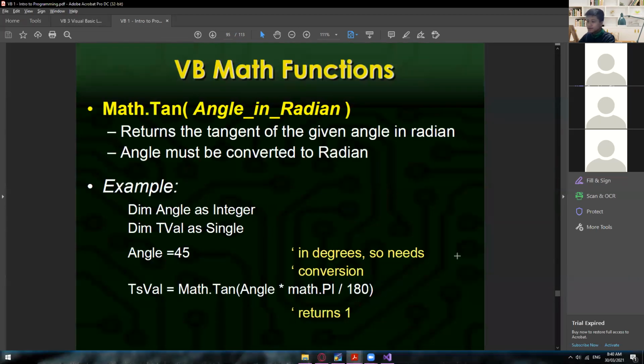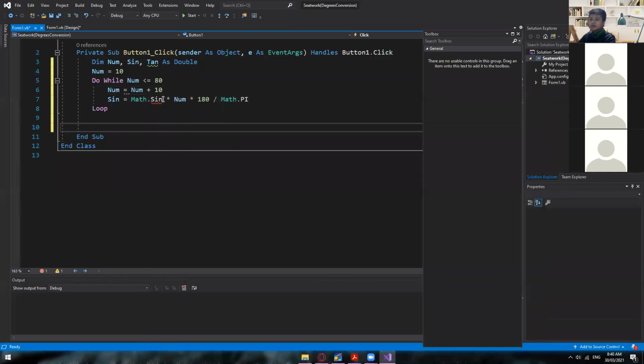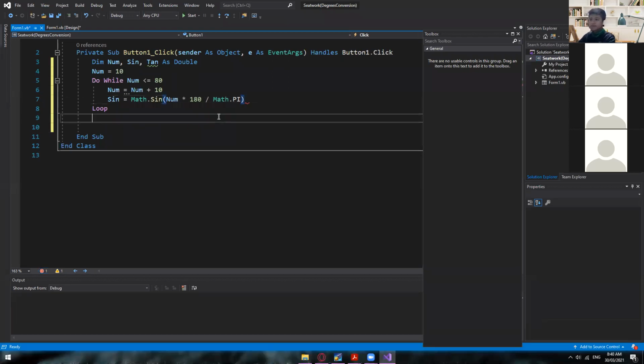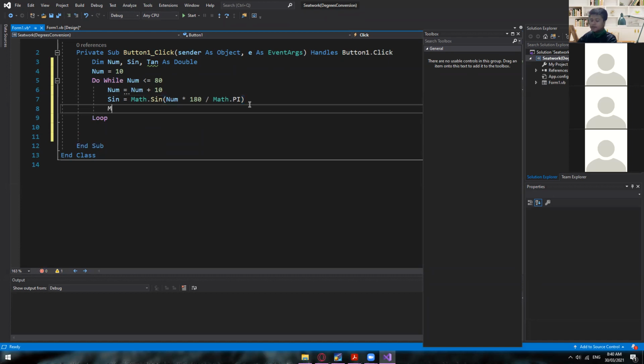Anyway, we'll try. I see, it's inside of that close and open parenthesis. So we should have close and open parenthesis right here. And we will display that one on our list box.